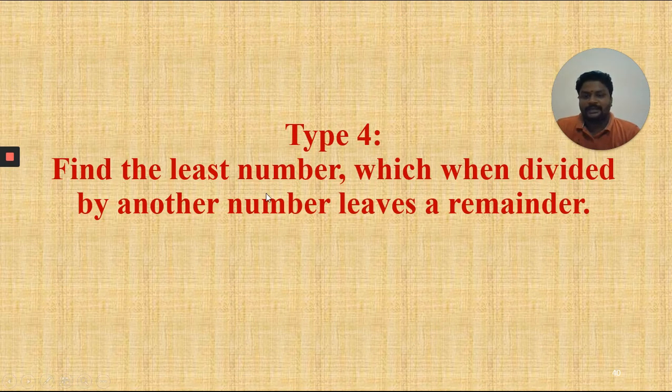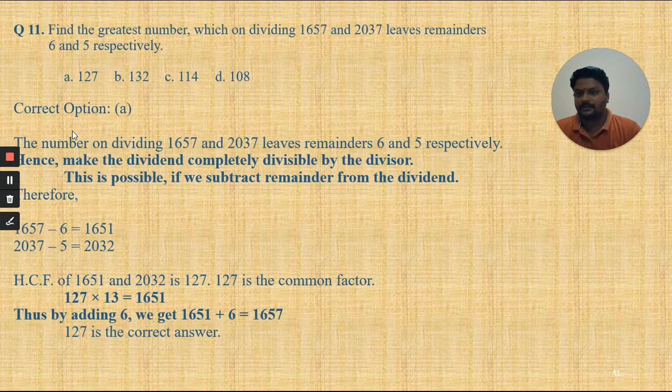Next, find the greatest number which on dividing 1657 and 2037 leaves remainders 6 and 5 respectively, giving four options. How to solve: the number on dividing 1657 and 2037 leaves the remainders 6 and 5 respectively.